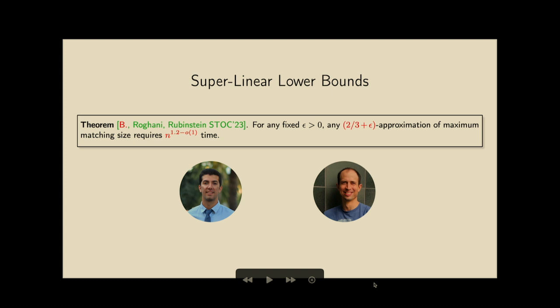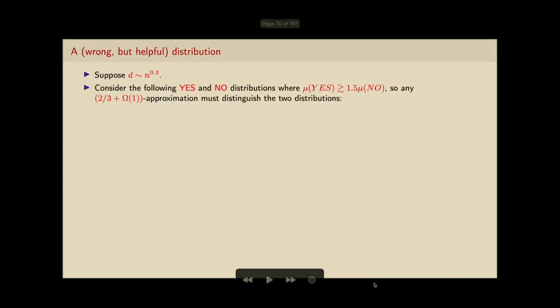All right. So I'm going to give some rough intuition behind why this lower bound holds. I'll start with a distribution that's wrong. Actually, it's not the final distribution that we proved the lower bound with, but it's still very insightful.